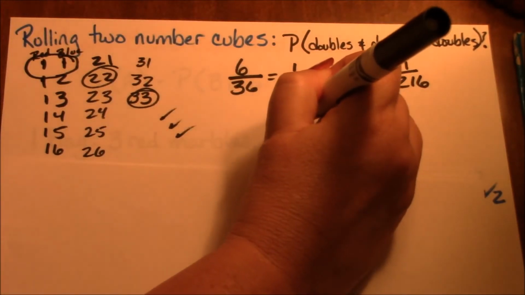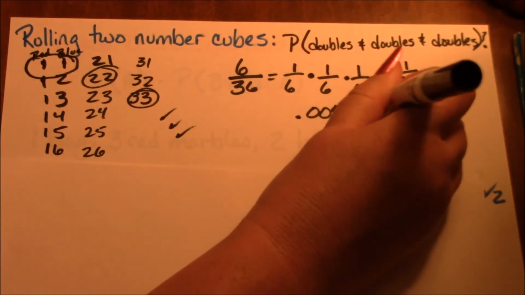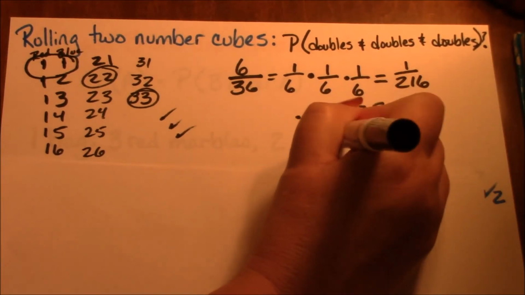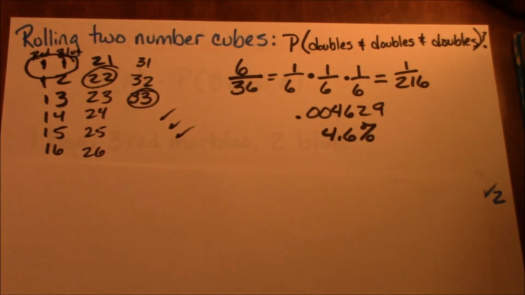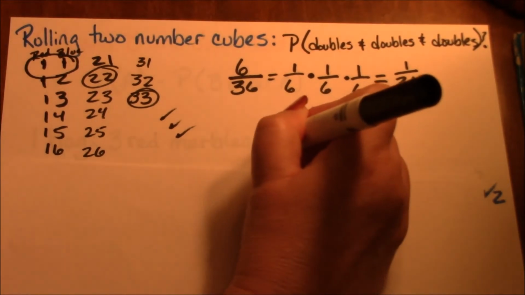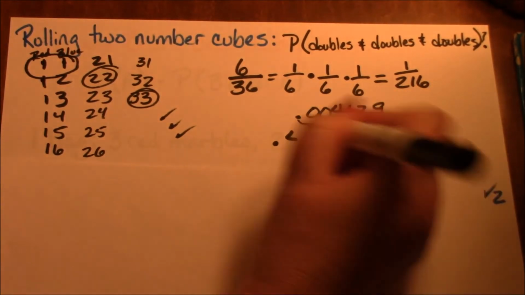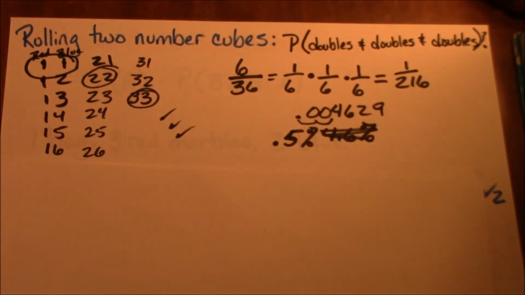That gives me 0.004629. That is a 4.6% chance, nope, look at that, it is a 0.46, so it's a 0.5%. It's a 0.5% chance that I roll doubles.